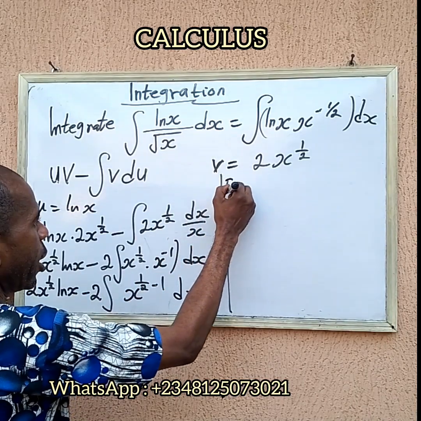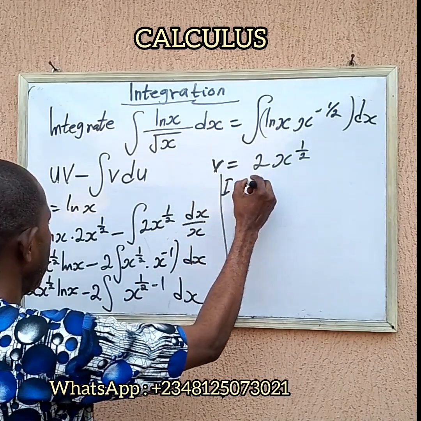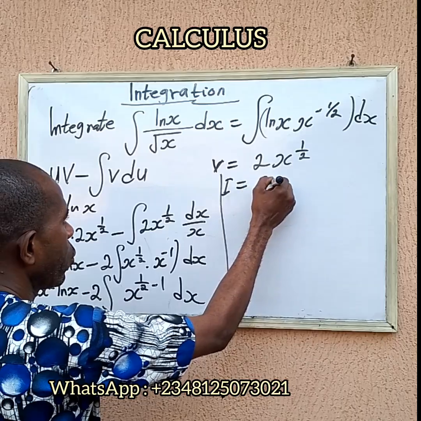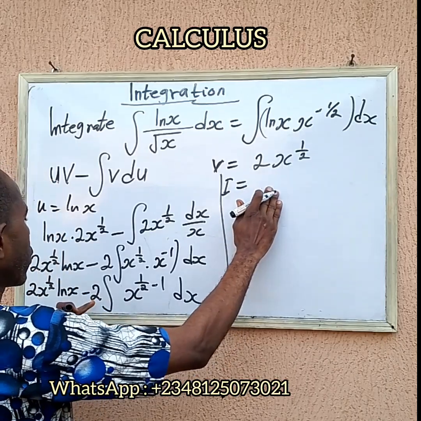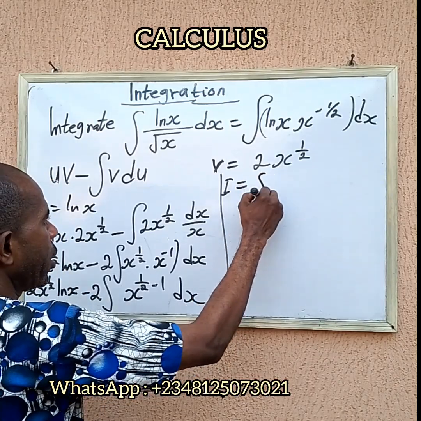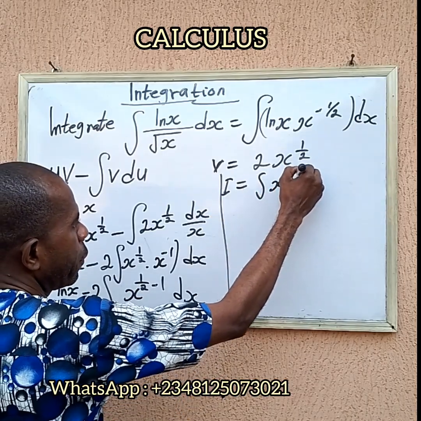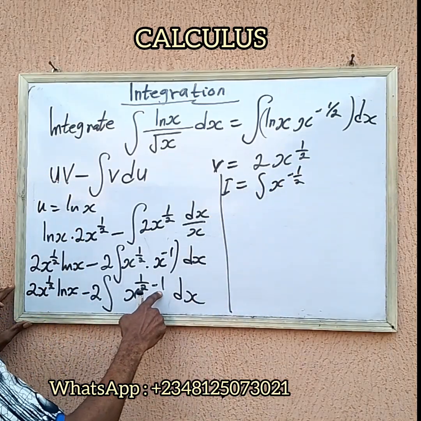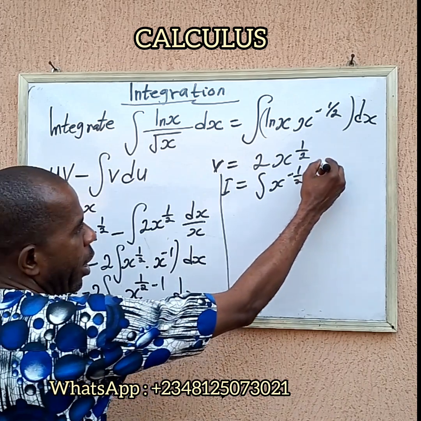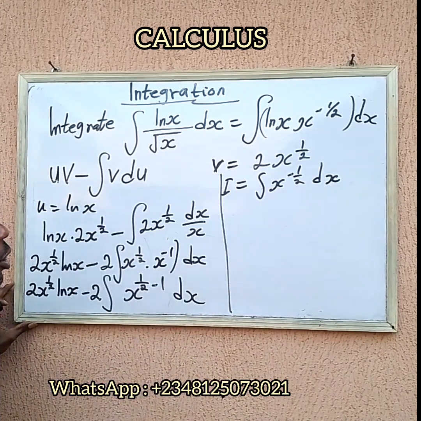So that your integral now will give us equal to, we're having 2 here. Okay, let's leave the 2 outside. 2 will multiply everything we have. We have the integral of x raised to negative half, because half minus 1 is negative half. Then we have the dx. So let's go.